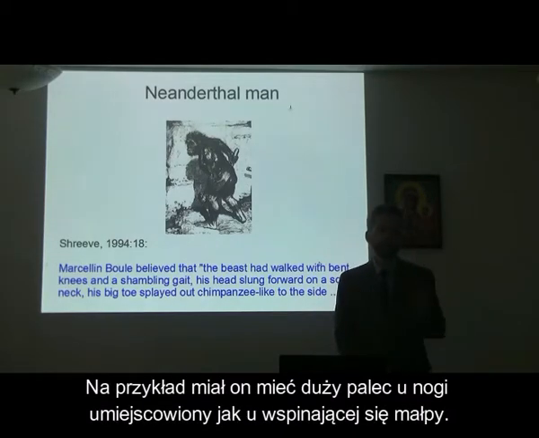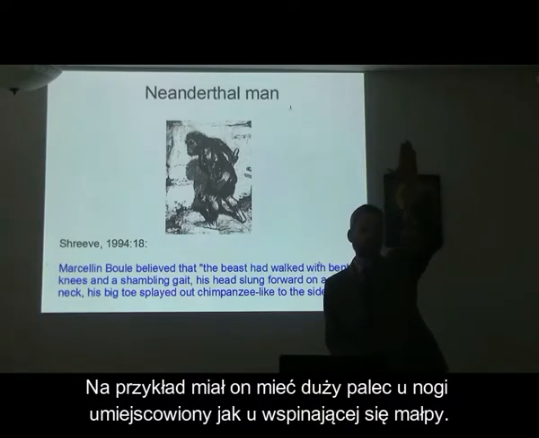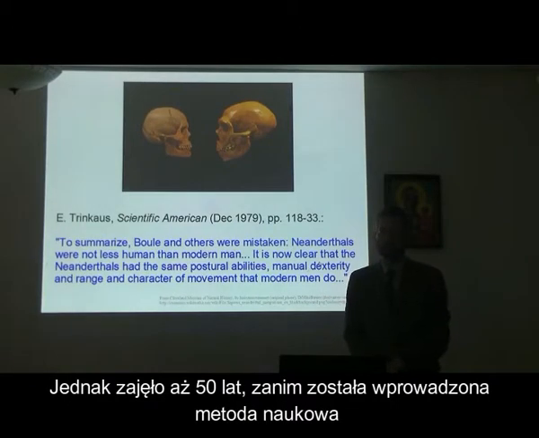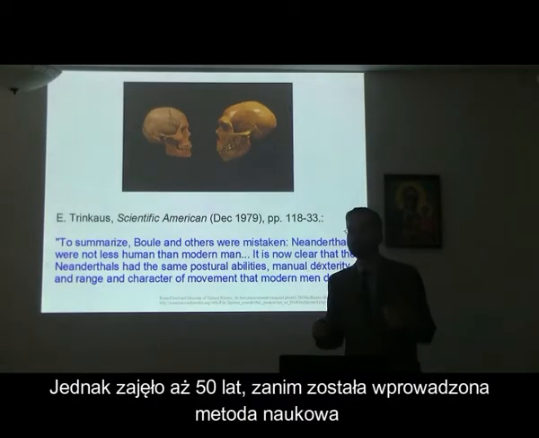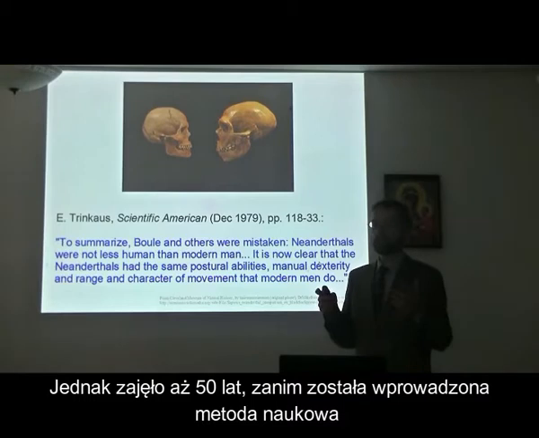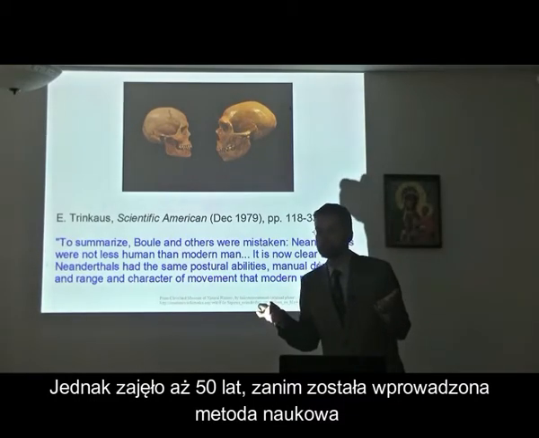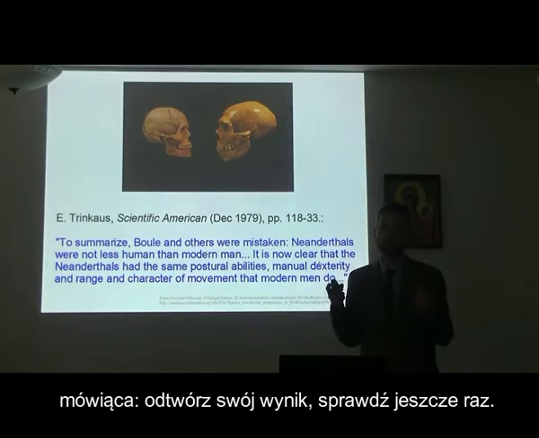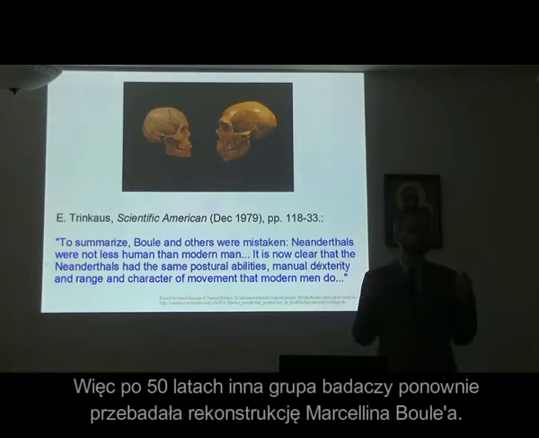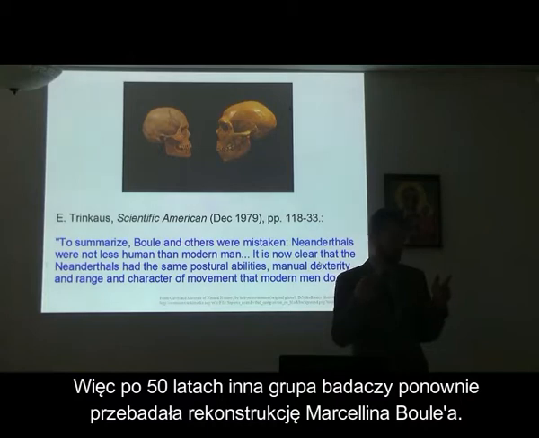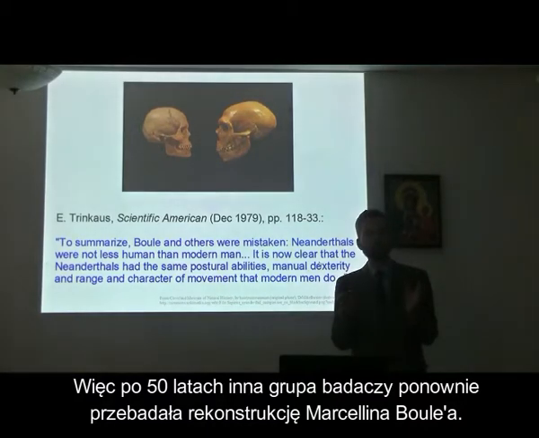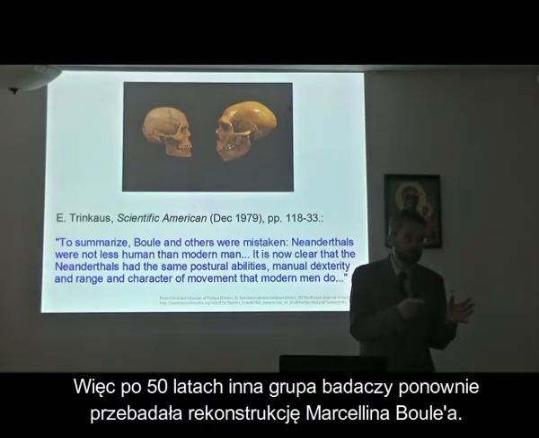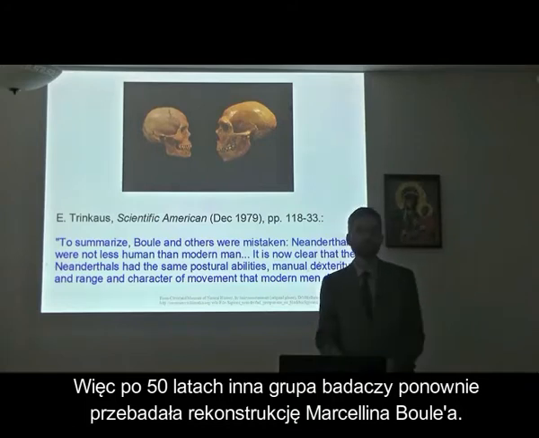For example, that he had a toe which was positioned in this way, like a climbing monkey. However, it took 50 years until the scientific method was applied, which is: reproduce your result, check again. So after 50 years, another group of researchers re-examined this reconstruction of Marcellin Boule.